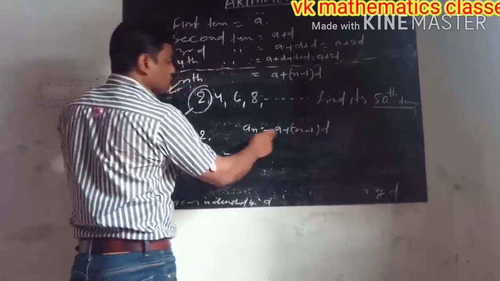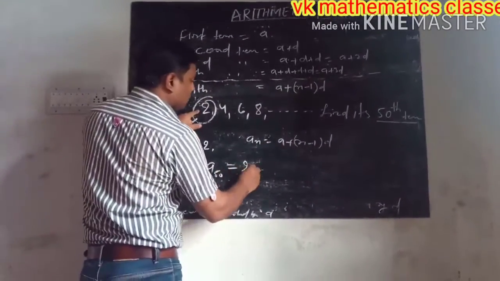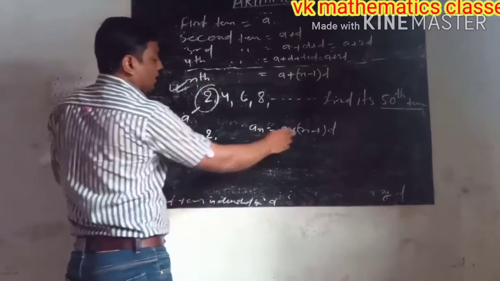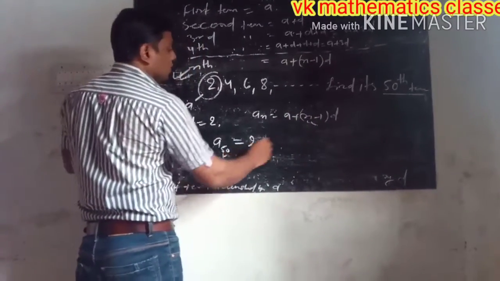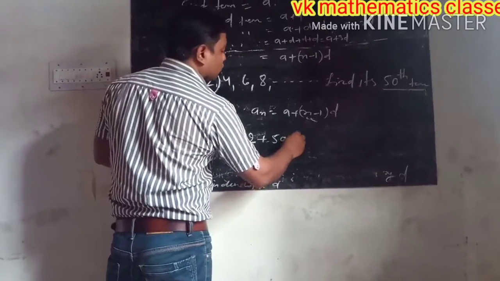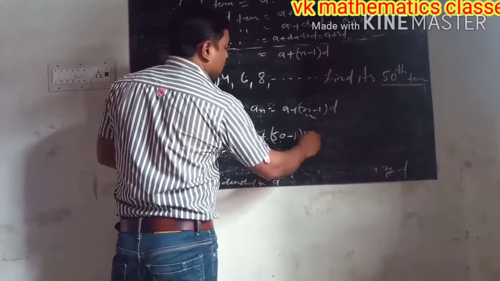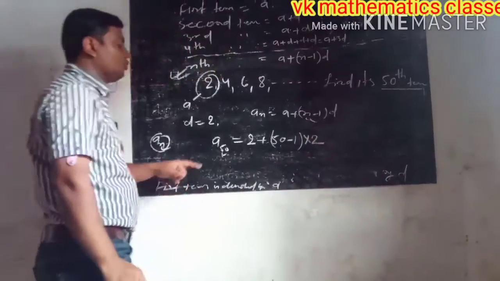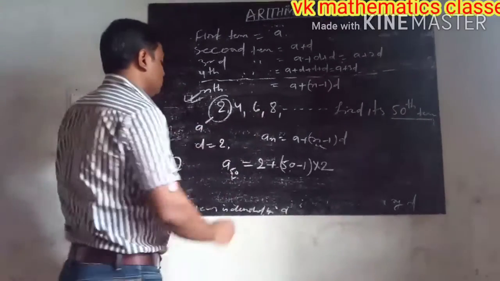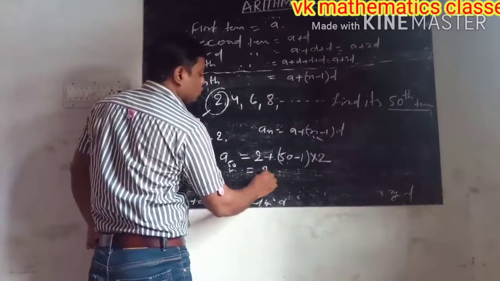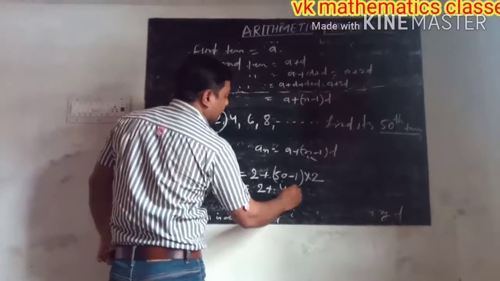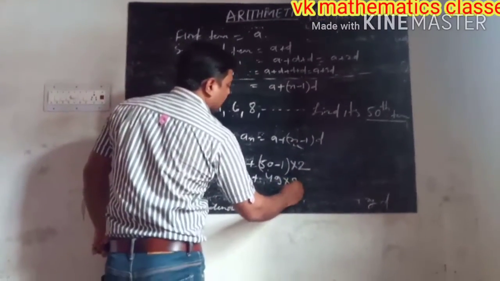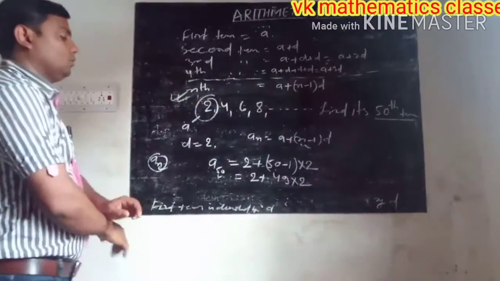We put the value of a is 2 plus n here 50, so 50 minus 1 multiplied by 2, as the common difference is 2. So 2 plus 49 multiplied by 2.